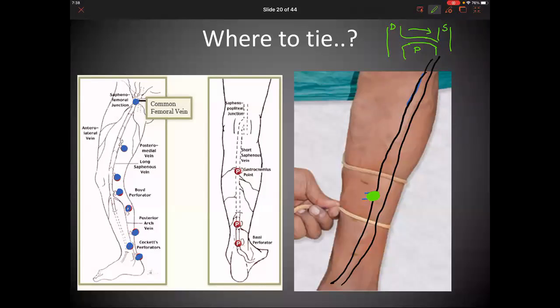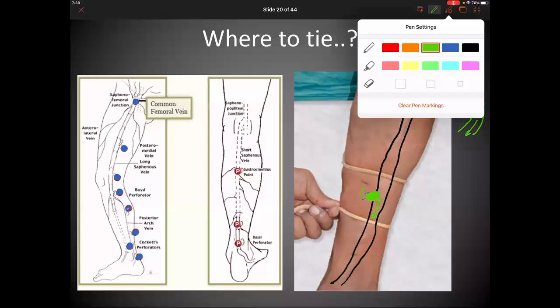That means that if blood is going in the opposite direction, the superficial vein is going to go exactly like this. That means if there is a perforator that is incompetent, then blood will be going back in this region. So try to understand this picture once again.